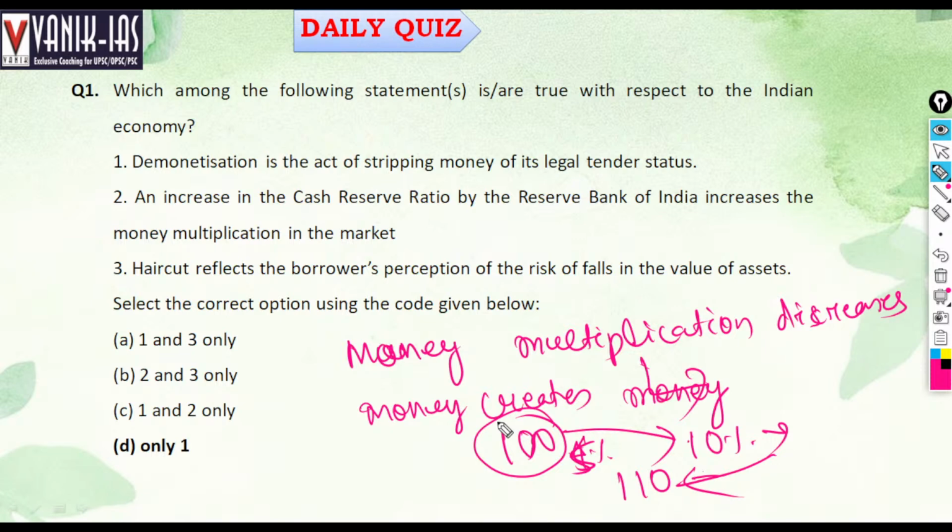So here both the persons get benefited, the bank got benefited, and the depositor also got benefited. This is called the money multiplier, right? So the money multiplier effect is when you store money in the bank, not in cash. If you store money in your house, then that will not multiply. But if you store money in the bank, that will multiply.